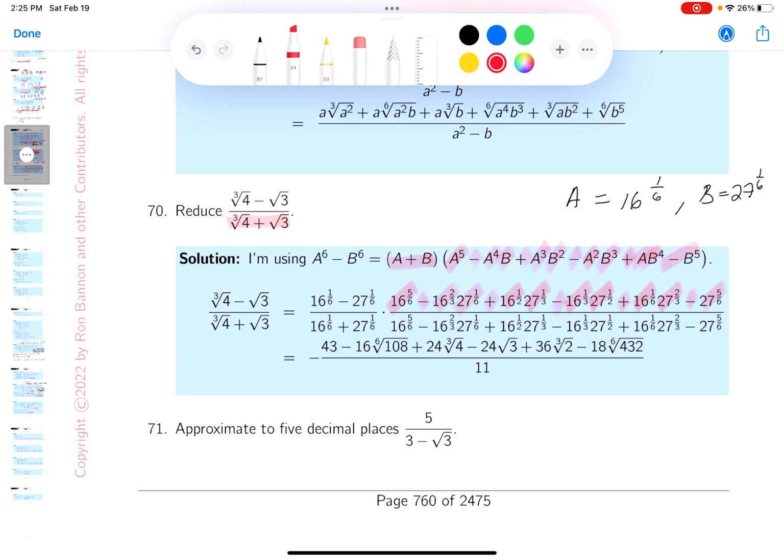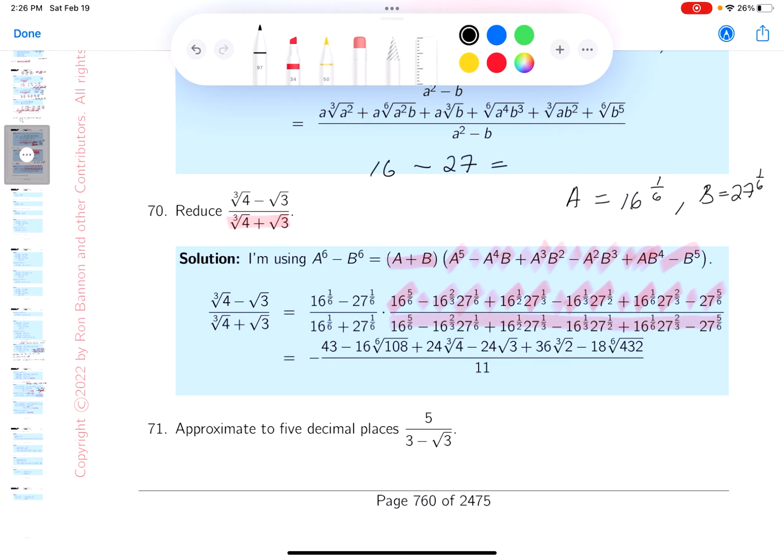All right? Now, whatever I put on top, I put on the bottom. And it's really the point of it, the bottom is a conjugate. So what are you going to get in the bottom? I'll write it down. It's like side arithmetic. You would get A to the 6th power, which would be 16, minus 27 to the 1/6 to the 6th power, 27, right?